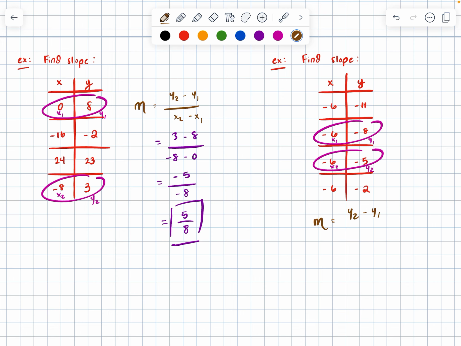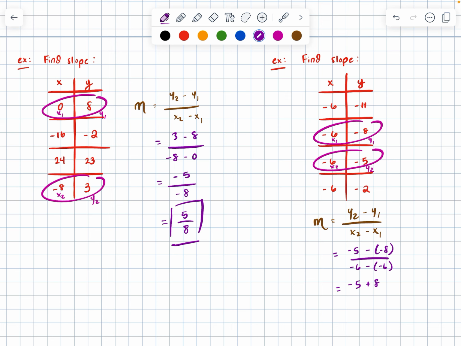So my slope, m, is equal to y2 minus y1 over x2 minus x1. All I need to do now is substitute. So y2 we've identified as negative 5 minus y1, which is negative 8, over x2, which is negative 6, minus x1, which is also negative 6.